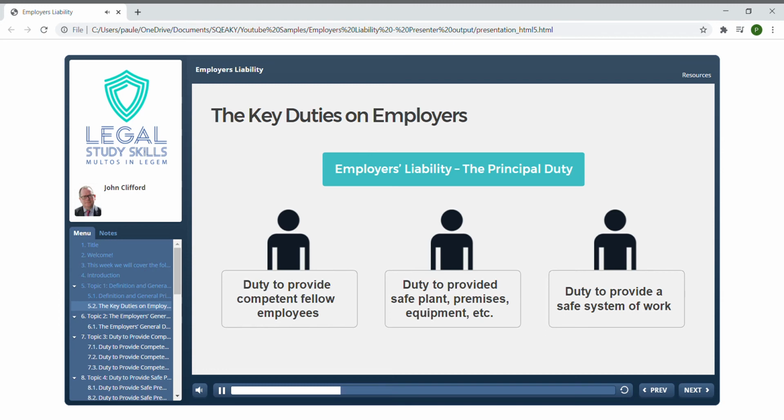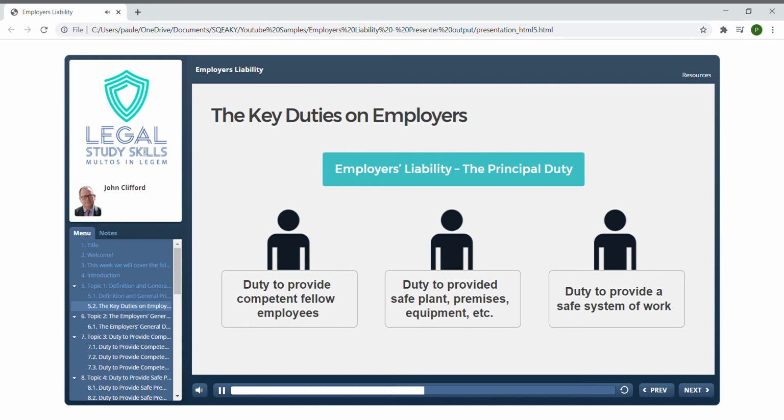And as you can see, we've divided it into three parts here, three categories of the principal duty. Firstly, a duty to provide competent fellow employees. Secondly, a duty to provide safe plant, premises, equipment and so on. And finally, a duty to provide a safe system of work. So an employer owes each one of these.